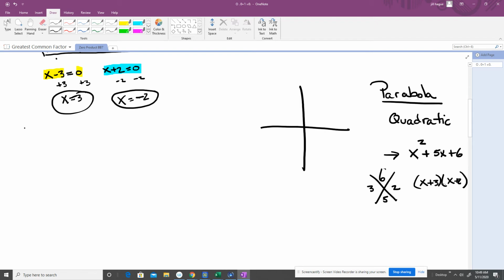Now, there's a graph of this quadratic. If that's -1, and that's -2, and that's -3, the graph of this quadratic looks something like that.